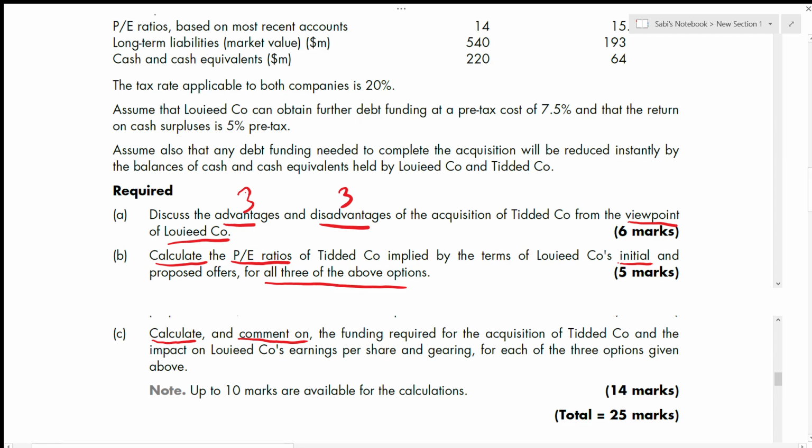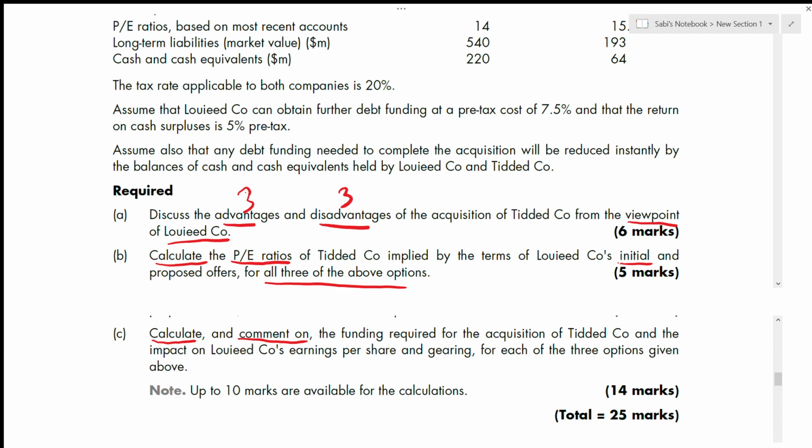Calculate, number 1. Comment, number 2. Funding required for the acquisition, number 3. Impact on Louieed company's EPS, number 4. And gearing, number 5. And the funding required, EPS and gearing have to be for all the 3 options, not just once. You have to calculate 3 times. That is the key here.